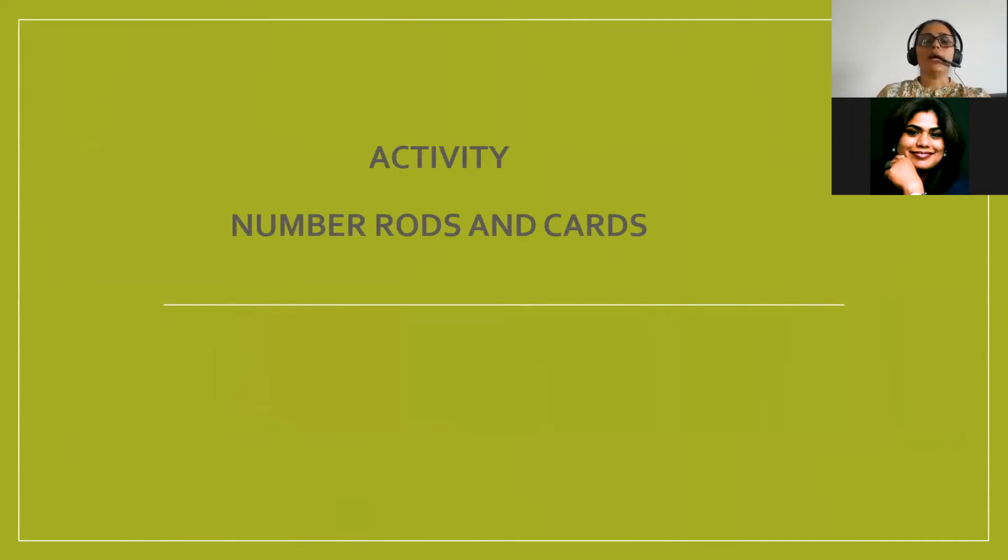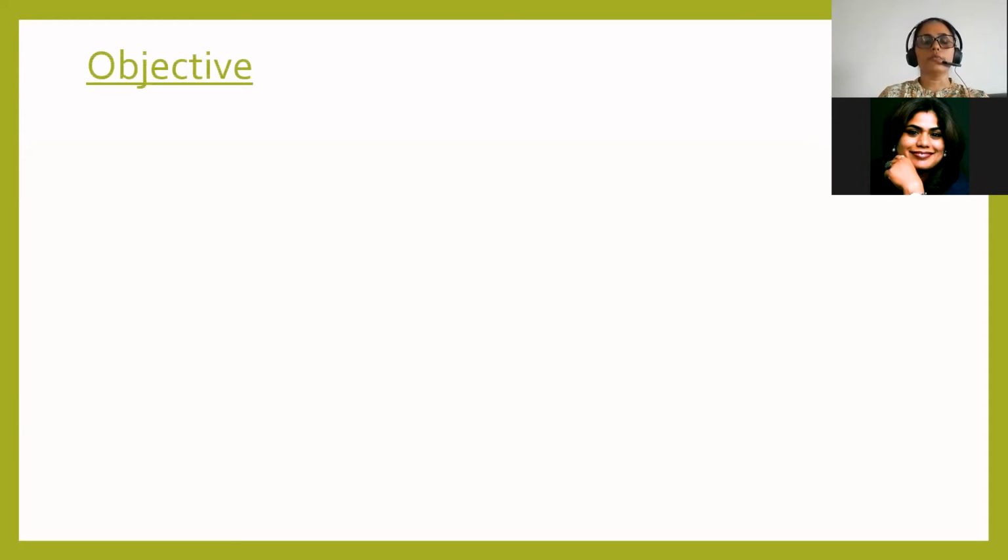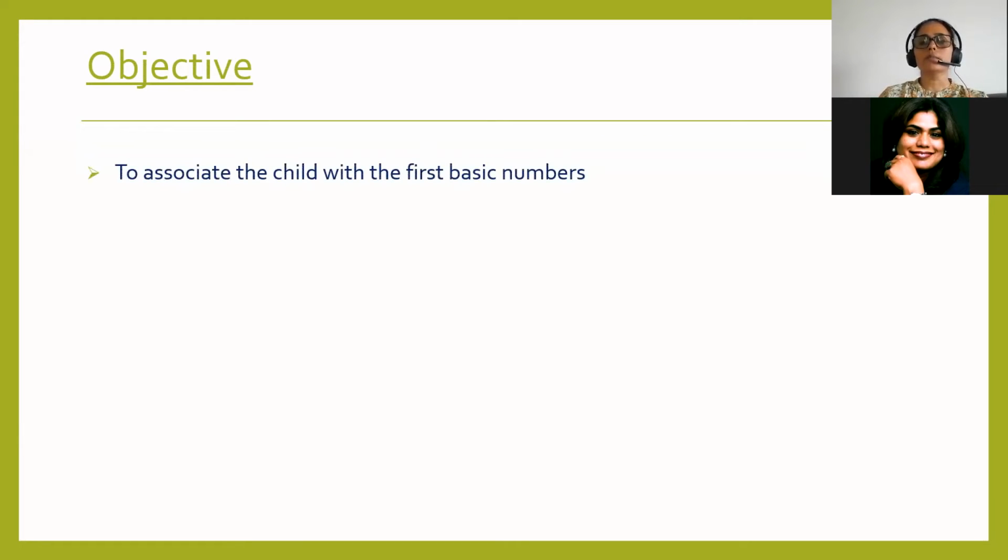Now let's start with the activity, number rods and number cards. First, to understand the activity, we need to know its objective. I've tried to keep it very simple. The objective is to familiarize the student with the first basic numbers. You have a number line which starts from 0 and goes on to infinity.